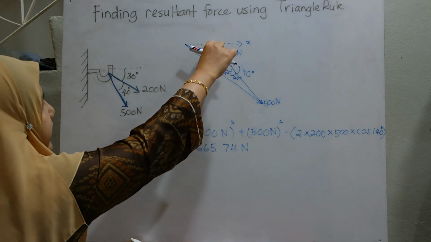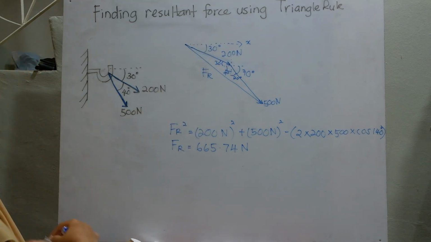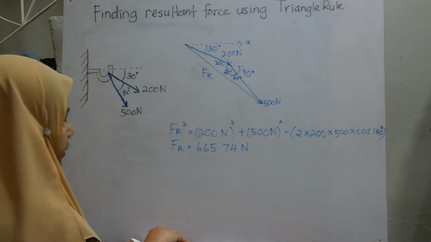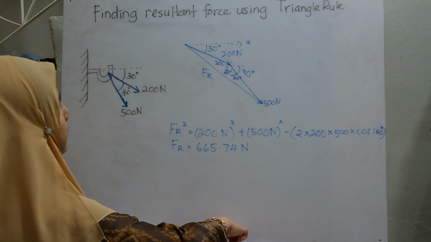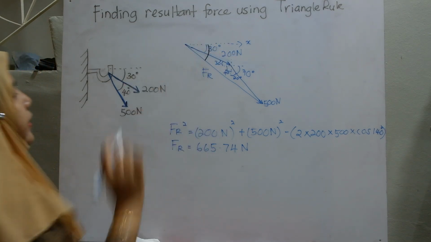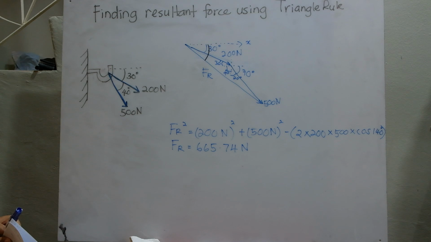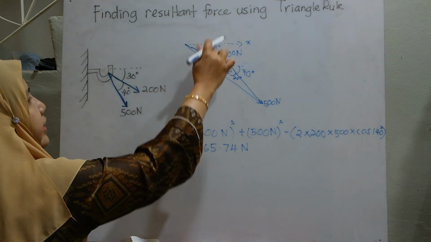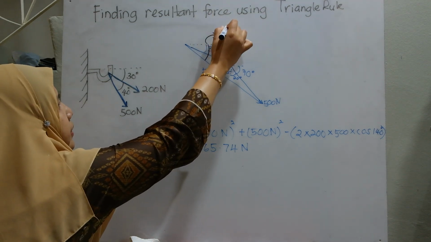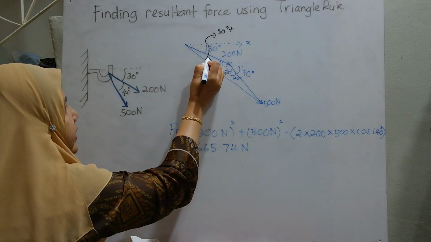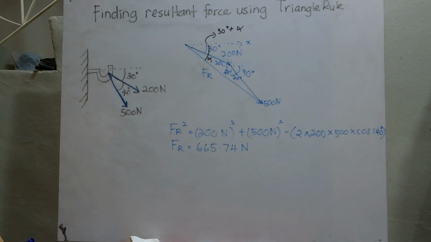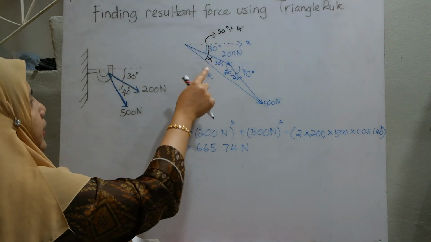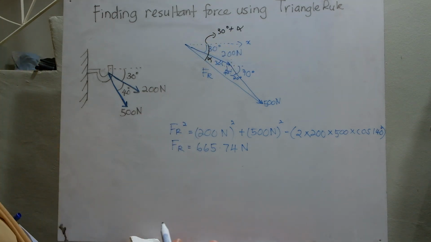So we need to find the angle of FR, which is the whole thing here: 30 plus this angle alpha. If we have alpha, we have the complete direction of FR.